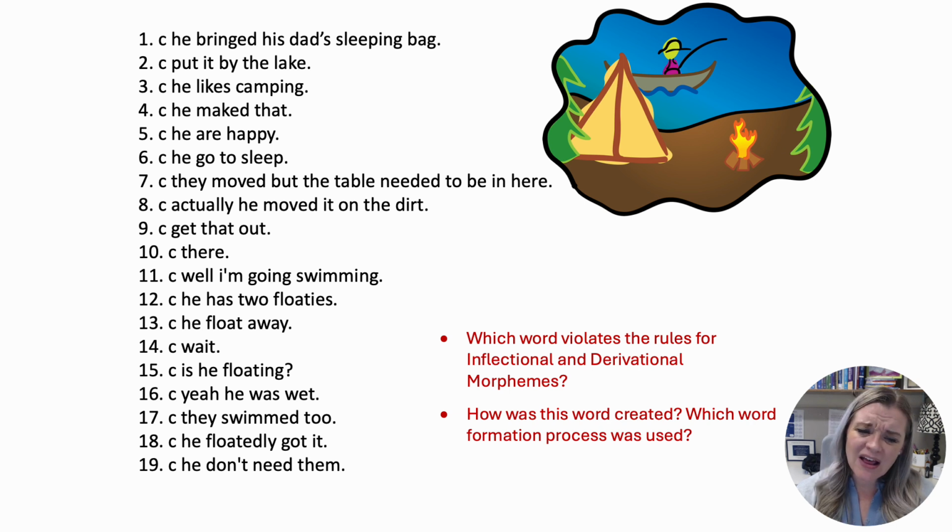But then if we add ly on it, that's derivational. But the rule is that the order that those show up has to be the inflection going last and the derivation going first. So technically it should be floatlied, even though that's not really an acceptable version either. But the ed and the ly should have been flip-flopped if it was going to follow the rule of the order of appearance.